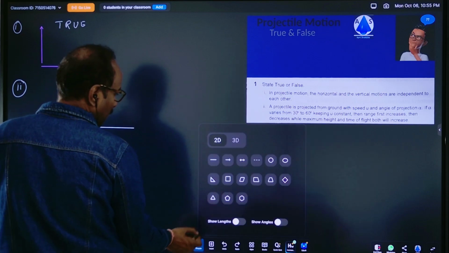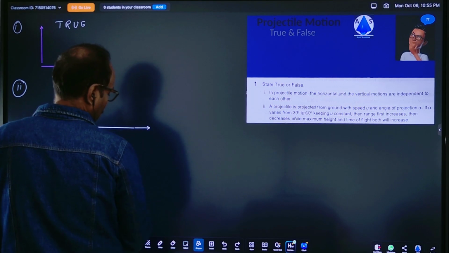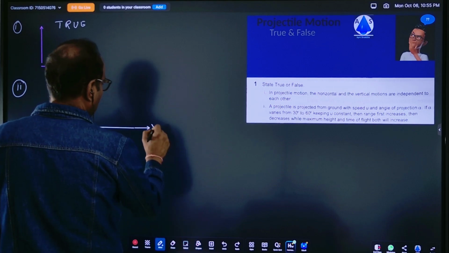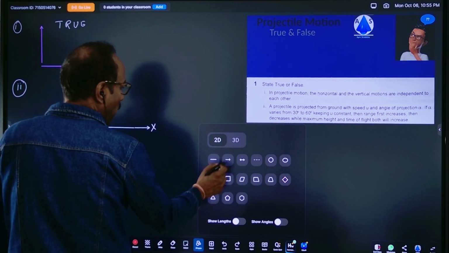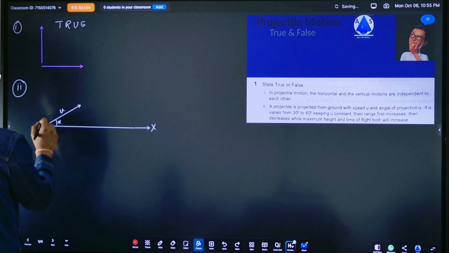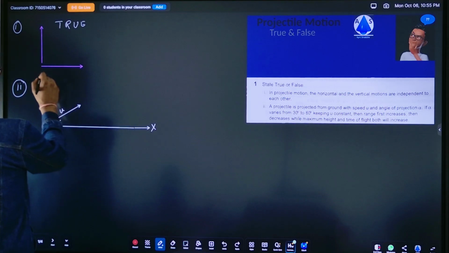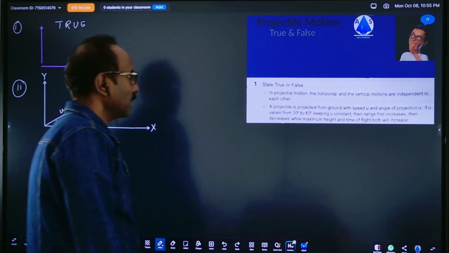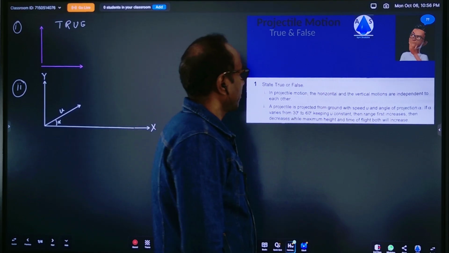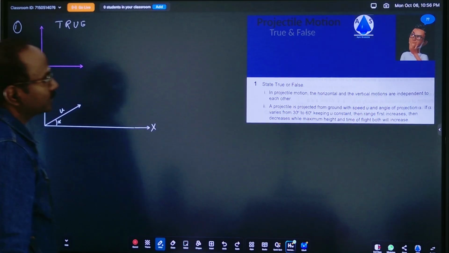So if we say this as x-axis, and this side is y-axis, you have the equation.